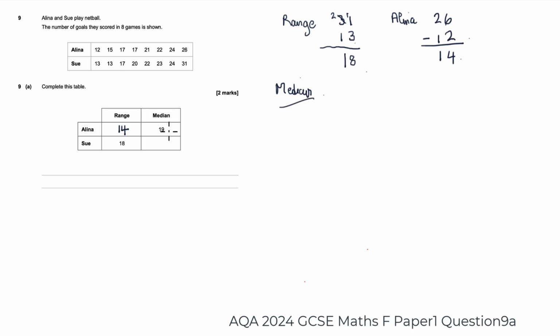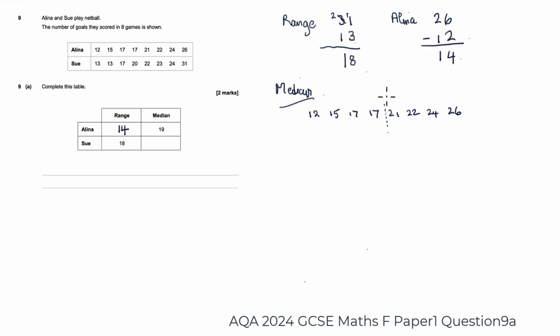Now we are given the median for Alina, so let's look at the goals that Alina scored, and that will help us to understand what we mean by the median. So there's 8 numbers in total, 8 numbers. And if we look for the middle number, it's not there. There is no precise middle number.